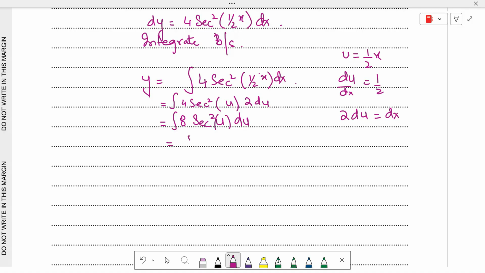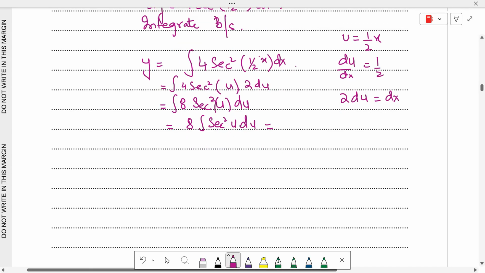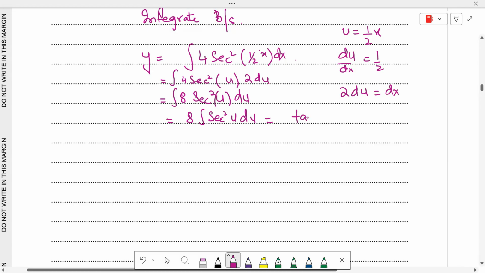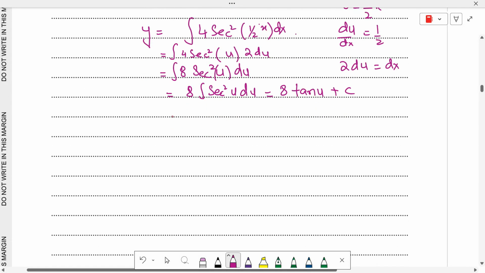This is equal to 8 times the integral of sec²(u) du, and we know that the integral of sec²(u) is tan(u), plus the constant c.